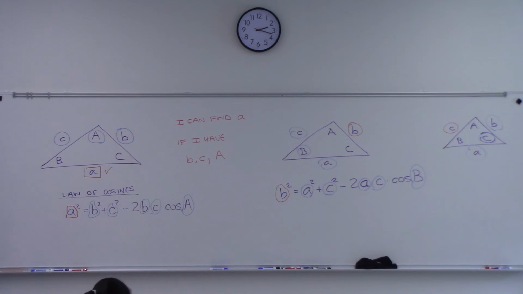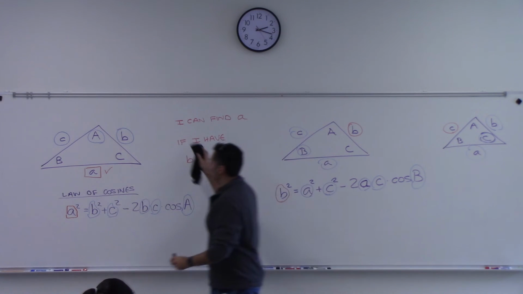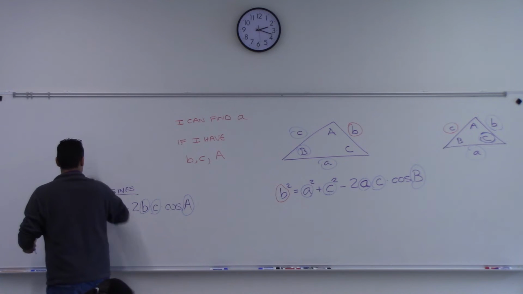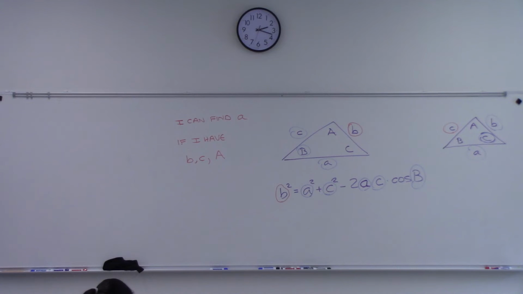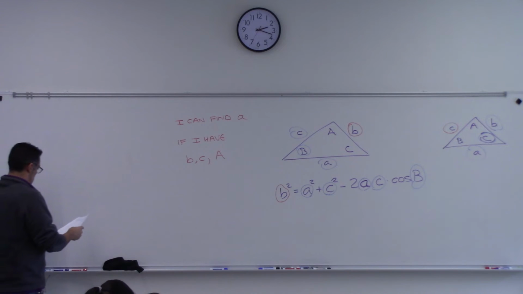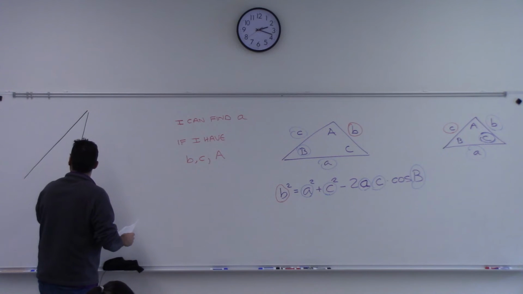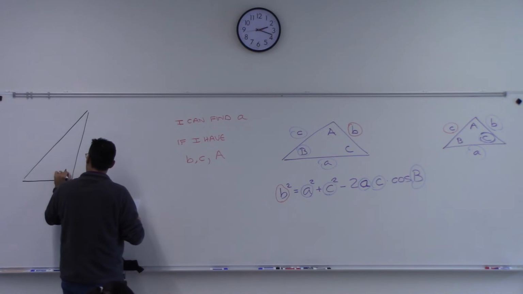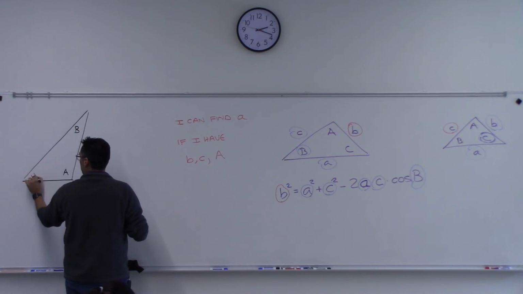So let's do the problem we were just stuck on and see about using one of these three formulas. The one that we had was, let me try and draw it better this time. I'd said this was angle A, called this angle B. I told you this was 41 degrees.